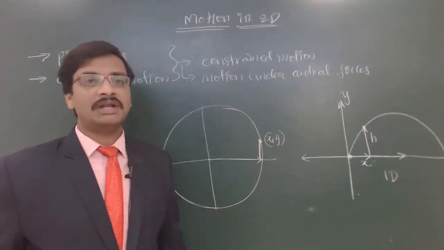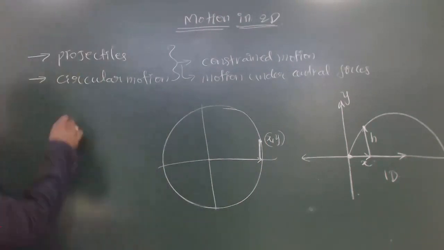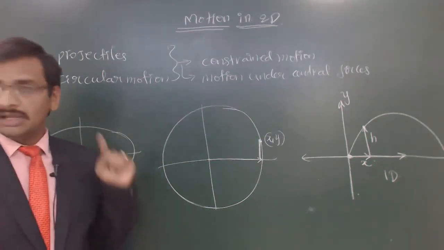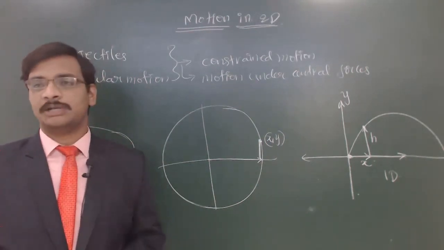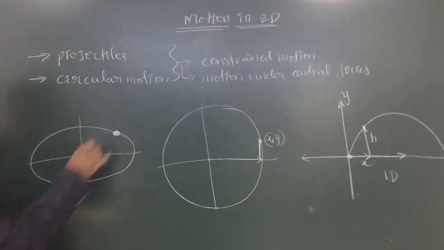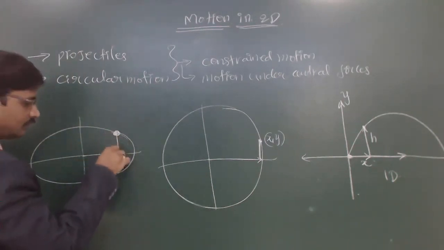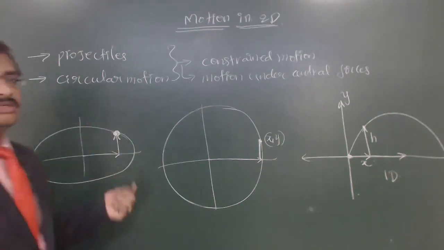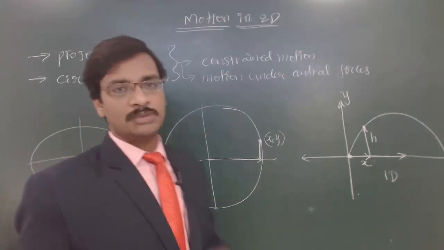Even in planetary motion, Kepler's law says the particle tries to move in an elliptical orbit. Here also the ellipse is a two-dimensional shape. If this is the location of the planet, there will be an associated x value and an associated y value. So elliptical motion is also a form of two-dimensional motion.